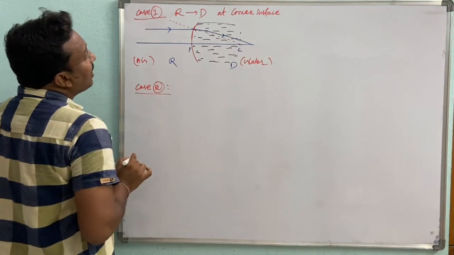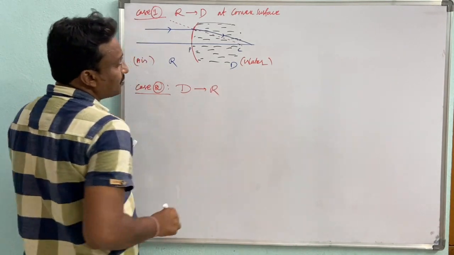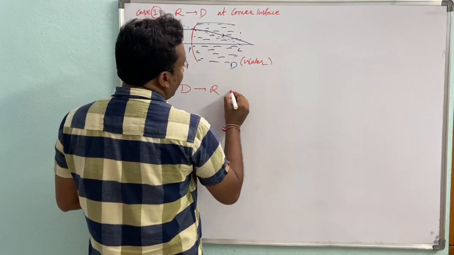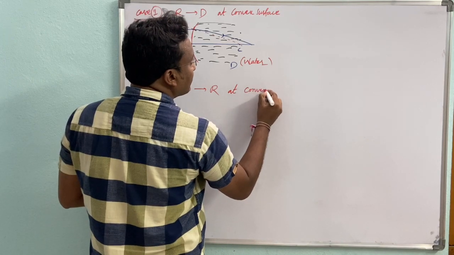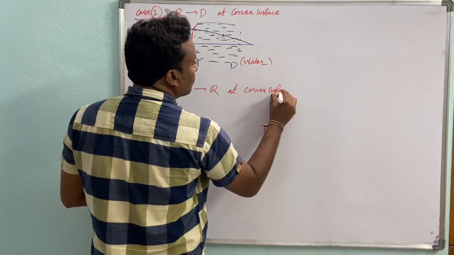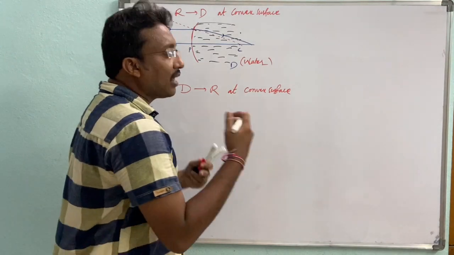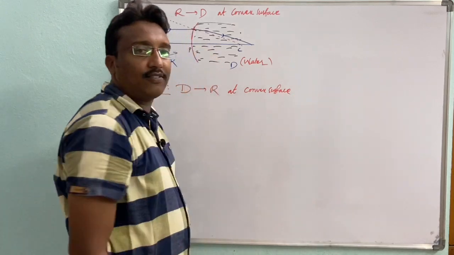Right. In the second case, case 2, here it is denser to rarer. Denser medium to rarer medium, at a convex surface only. The incident ray passes from a denser to a rarer medium and strikes the same convex surface.